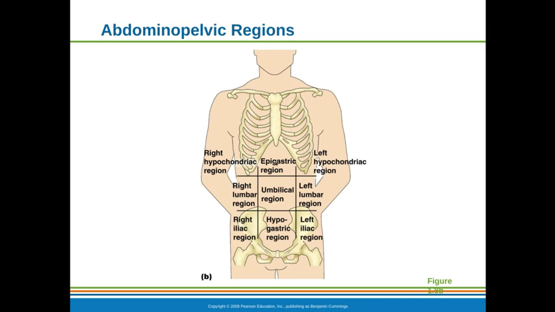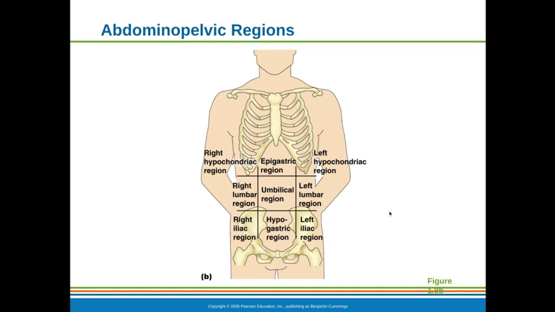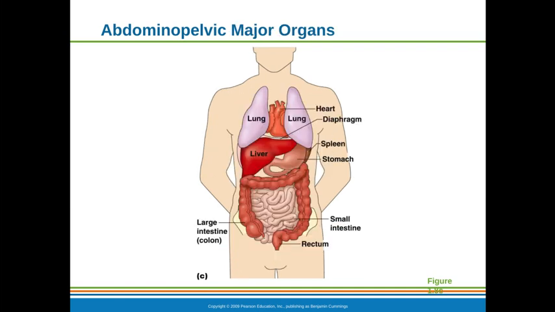And then along the midline of the body, we have the epigastric, umbilical, and hypogastric regions. Now, within there, we can see the organs that are present. And again, you can see that deep in the body, those are not going to be identical between left and right as they would be superficially.